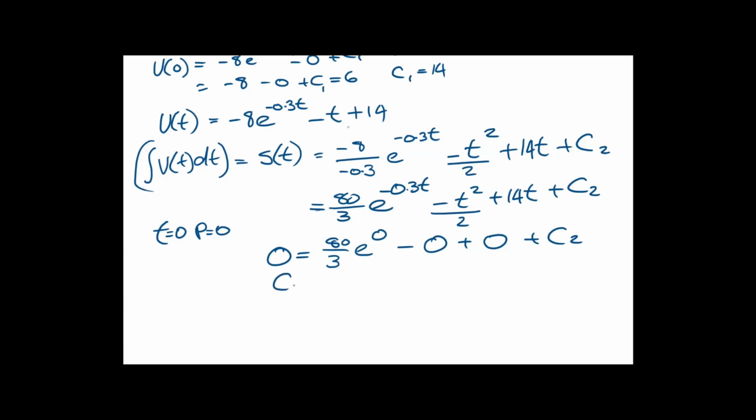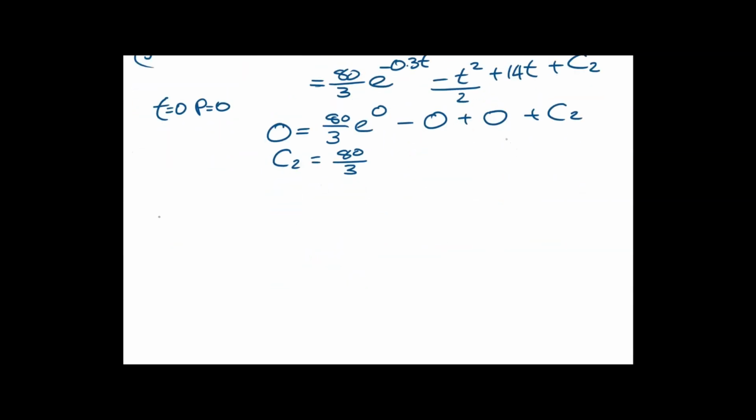So c2 is itself minus 80 over 3. So now we have the entire displacement: 80 over 3 e to the minus 0.3 t minus t squared over 2 plus 14t minus 80 over 3.